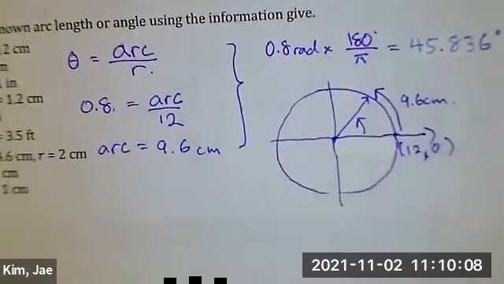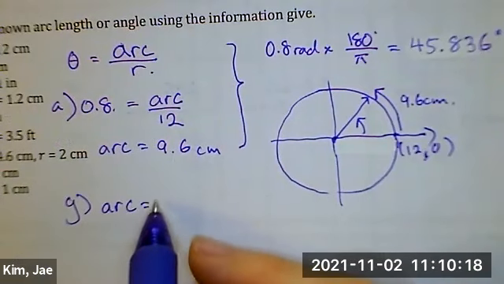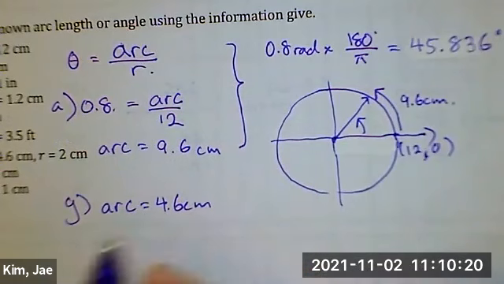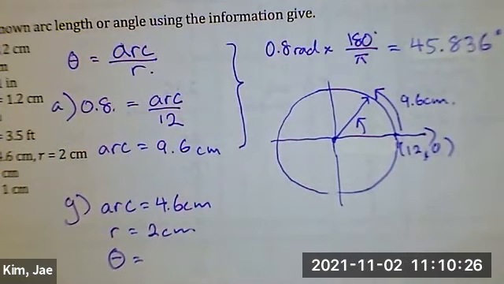As another example, if you take a look at G, this time they give you different, so that's A. If you look at G, this time they give you the arc length as 4.6 centimeters, and my radius is 2 centimeters. The radians would be 4.6 centimeters divided by 2, which is 2.3 radians.